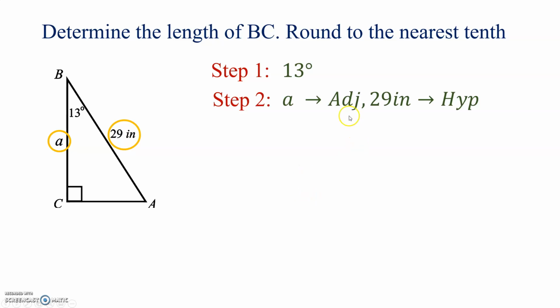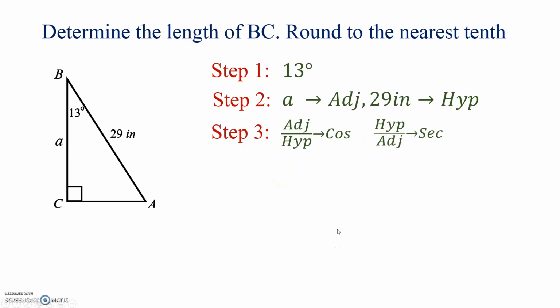Step 3 says, now take these two sides and begin to create your trig function. Well, adjacent over hypotenuse, that's the trig function cosine. And then hypotenuse over adjacent is secant. So we use these two sides, create the ratio, and that will dictate the trig function. Here the recommendation is to choose the one that's on the calculator, cosine.